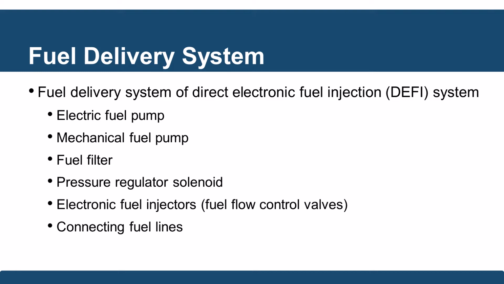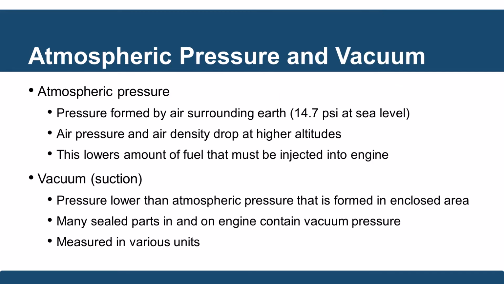The fuel has to go through a fuel filter to clean it, and then there's a pressure regulator that controls the amount of pressure at which this fuel makes it up to the engine. Additionally, we have electronic fuel injectors that are controlling the fuel flow, and then we have the connecting fuel lines that are involved with this system, simply to get the fuel up front.